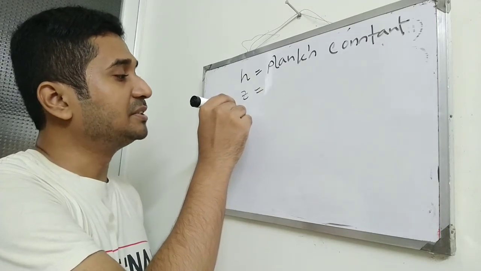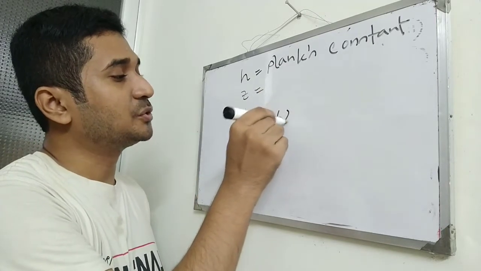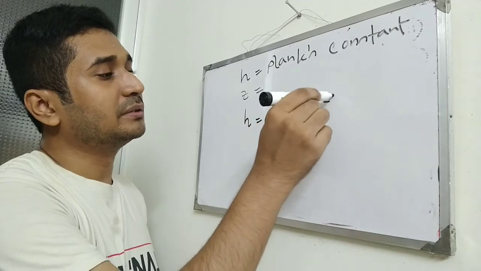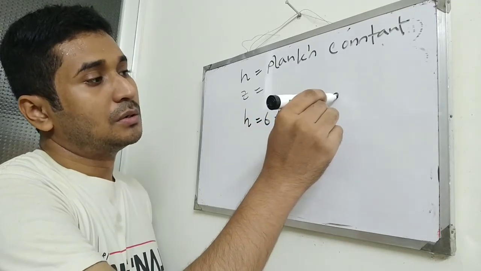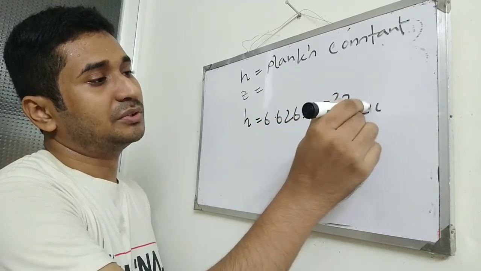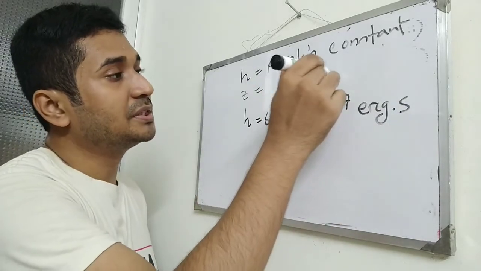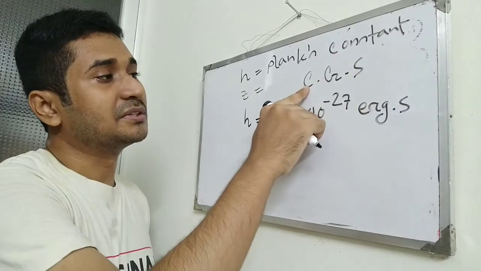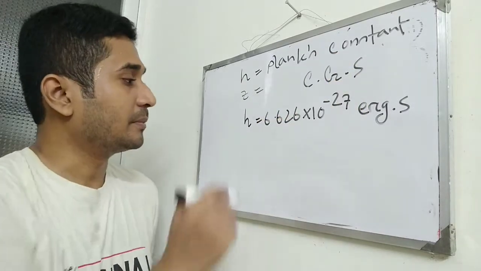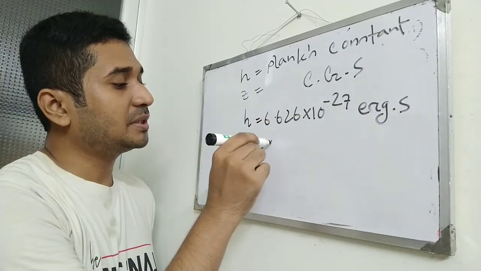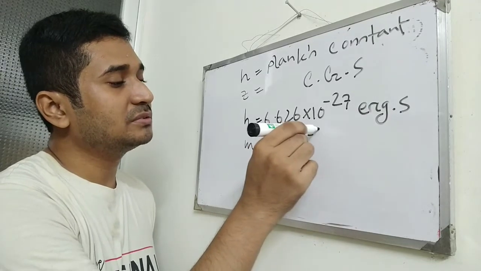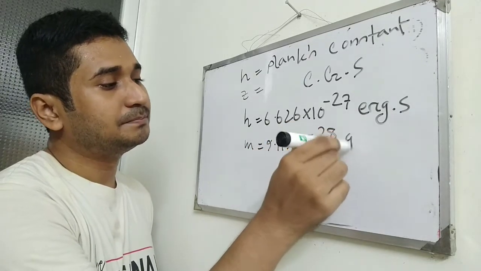So the value of h is 6.626 into 10 to the power minus 27. The unit is erg second according to the CGS system. CGS, centimeter gram second. Okay. m is equal to 9.11 into 10 to the power minus 28 gram.